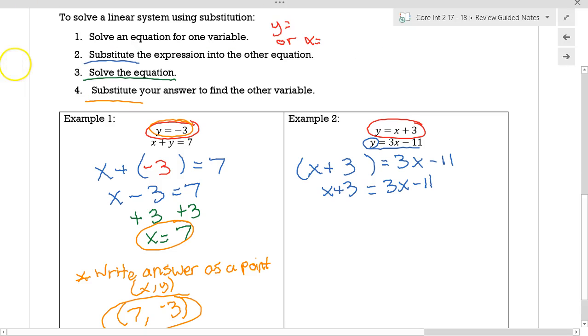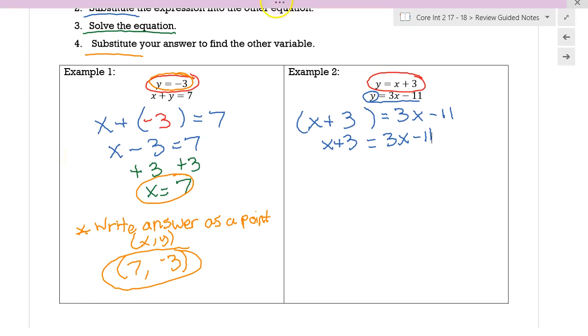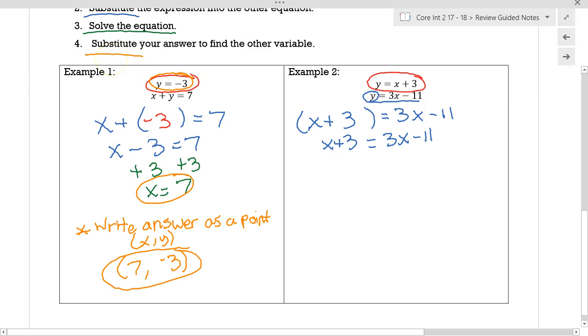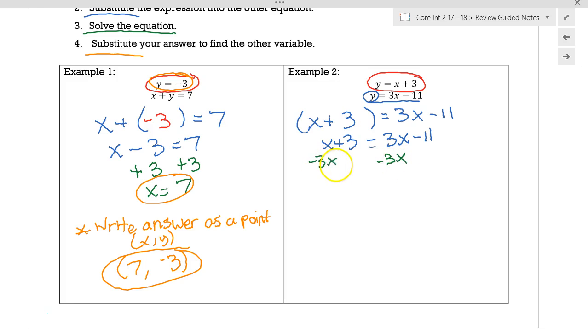Our next step is to solve the equation. Again, we are used to solving. In order to solve, I'm going to subtract 3x to move it to the other side. Remember, we want all variables on one side. So x minus 3x, that's really 1 minus 3, which is -2x, plus 3 equals; 3x minus 3x cancels out, negative 11.